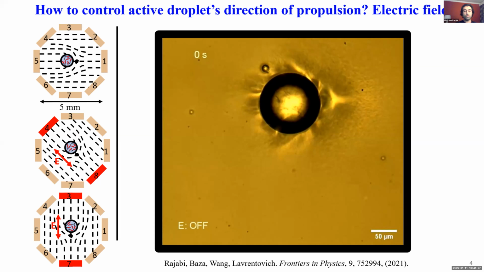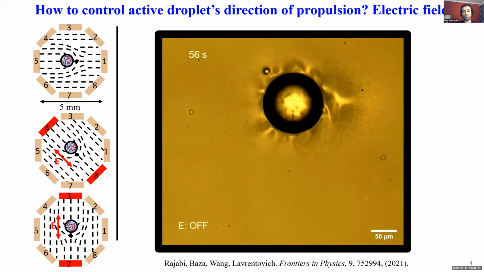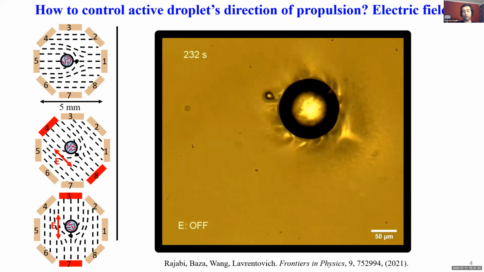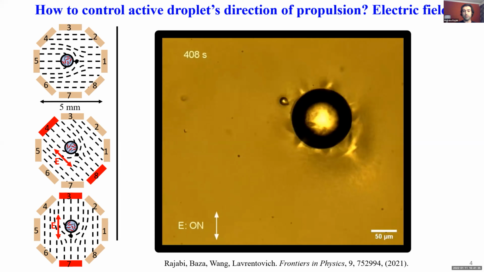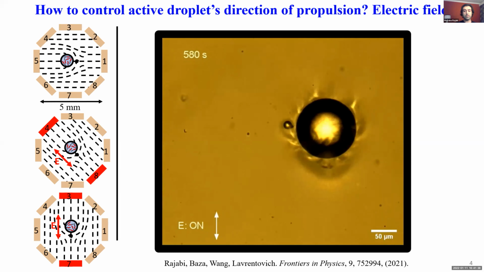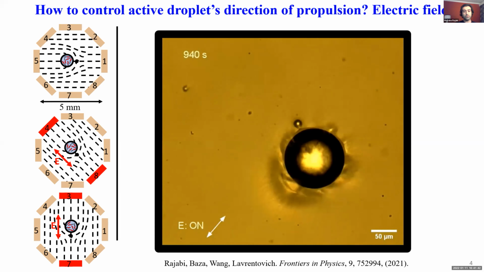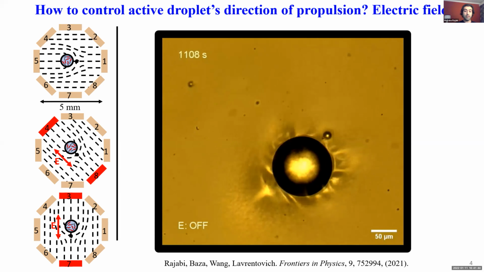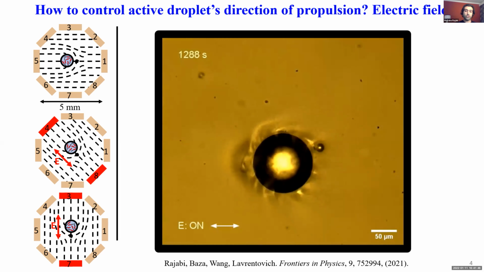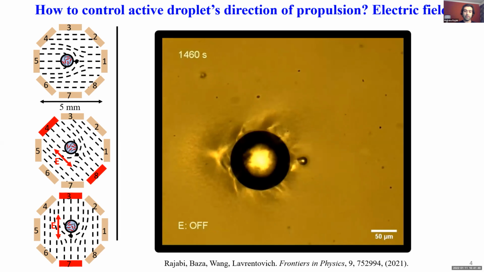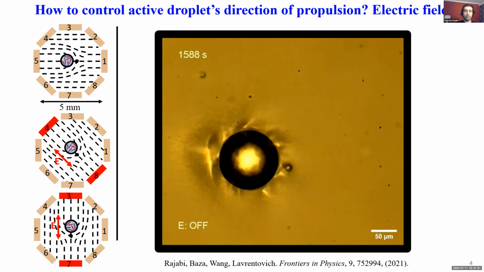And here we use this idea to control the trajectory of the active droplets. Here the droplet moves to the right. We apply an electric field in some direction, then change the direction of the electric field. The nematic director will rotate, and the trajectory of the droplet changes. The droplet basically follows the nematic director. And at the end of this video, we see that the droplet moves to the left. We totally change the direction of motion from left to right to left.